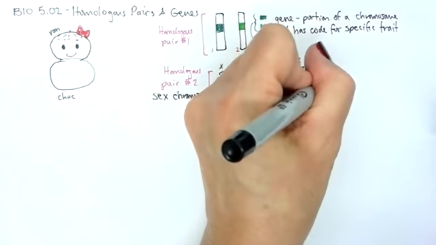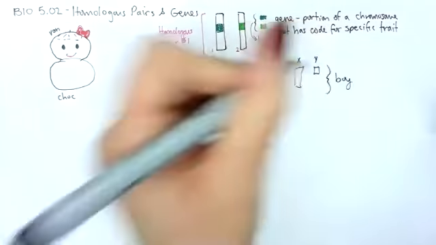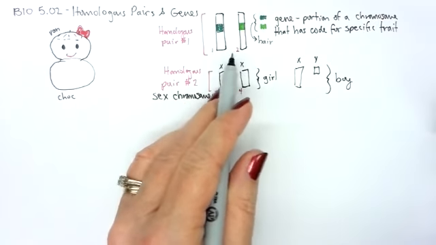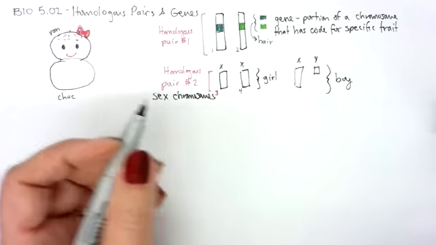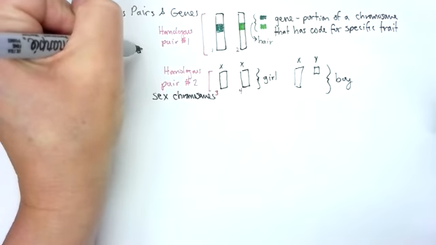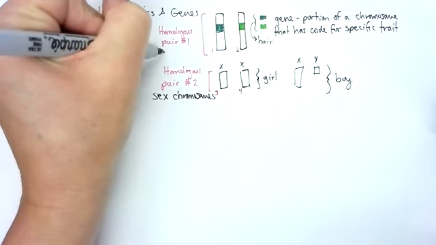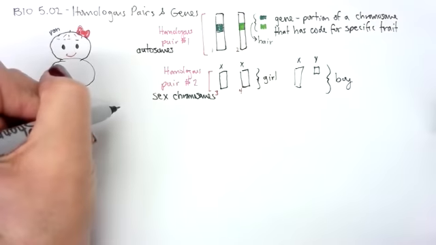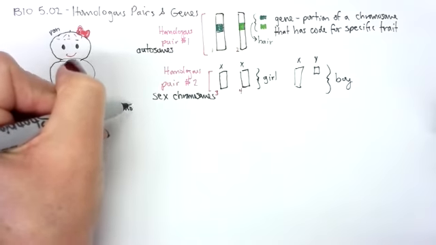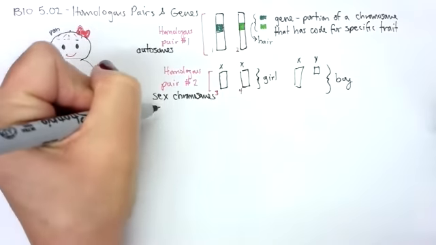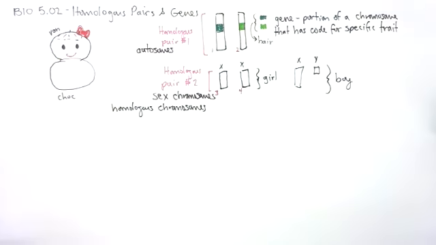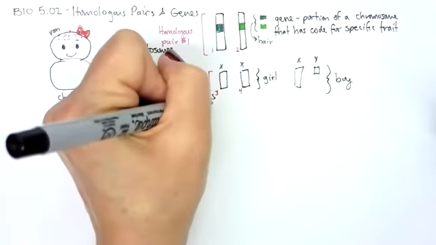So this is going to be a boy. Now this pair isn't like that. These pairs are always similar. So we call these autosomes. Autosomes. Sex chromosomes are homologous chromosomes that determine the sex of an organism.